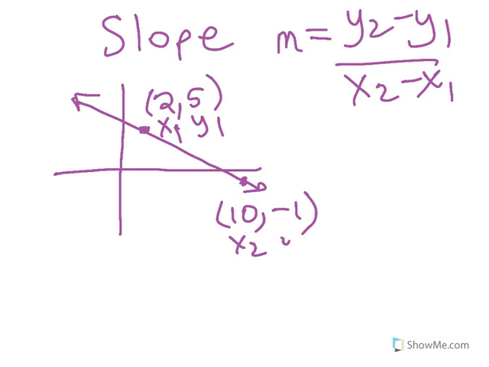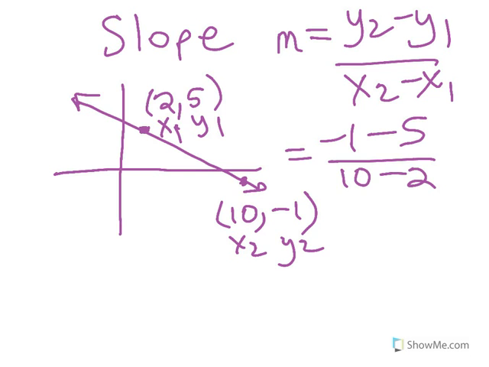So I'll have -1 minus 5 over 10 minus 2. -1 minus 5 is -6. 10 minus 2 is 8. That reduces to -3/4. That tells us that the y value will decrease 3/4 of a unit for every 1 unit of progress to the right for the x unit.